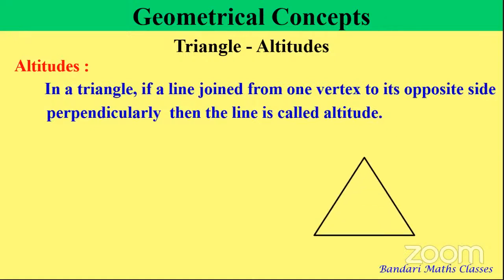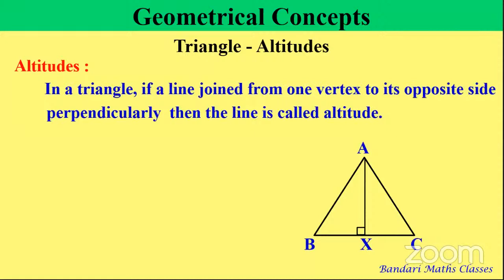See the picture. From any one vertex to the opposite side, we have 3 vertices. First I am taking one vertex, from A to BC. That line is AX. X is the foot of the perpendicular drawn from vertex A to BC. It meets BC at X. AX is called the altitude of the triangle.